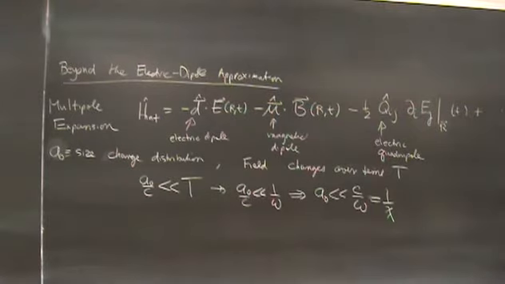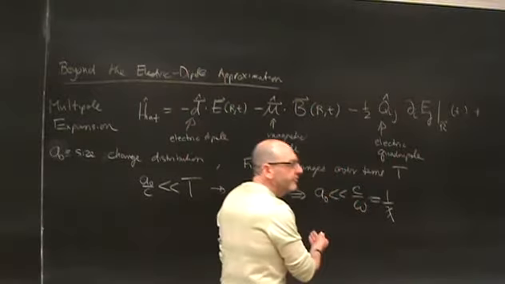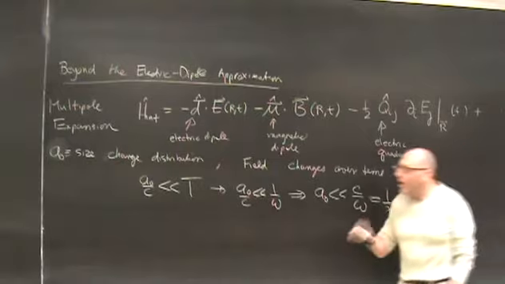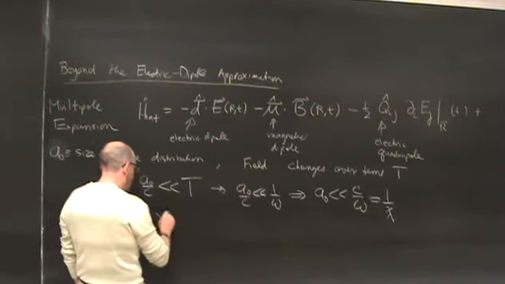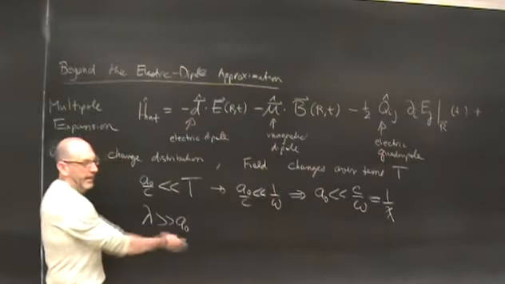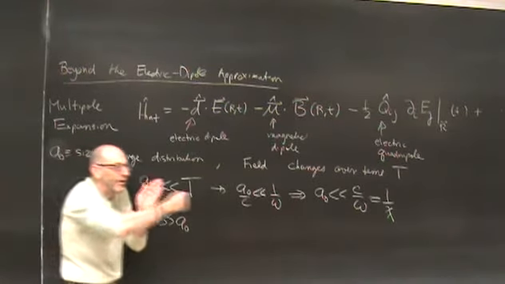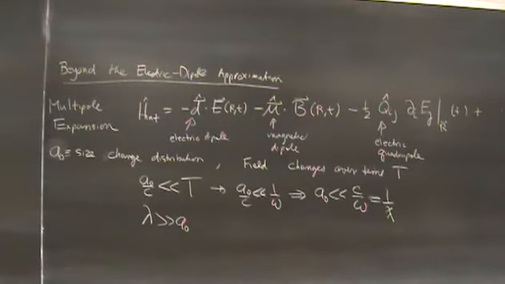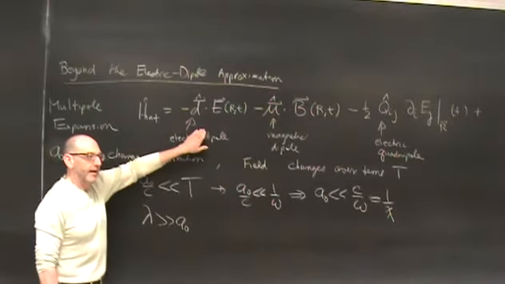It's another way to say the same thing. If we're talking about a wave with wavelength lambda, the multipole expansion is often written as the wavelength of the light being huge compared to a-naught. But that's equivalent to saying the time it takes light to propagate across the sample is tiny compared to the time scale over which the field is changing. So we've made that approximation, and under it, this is the dominant effect.